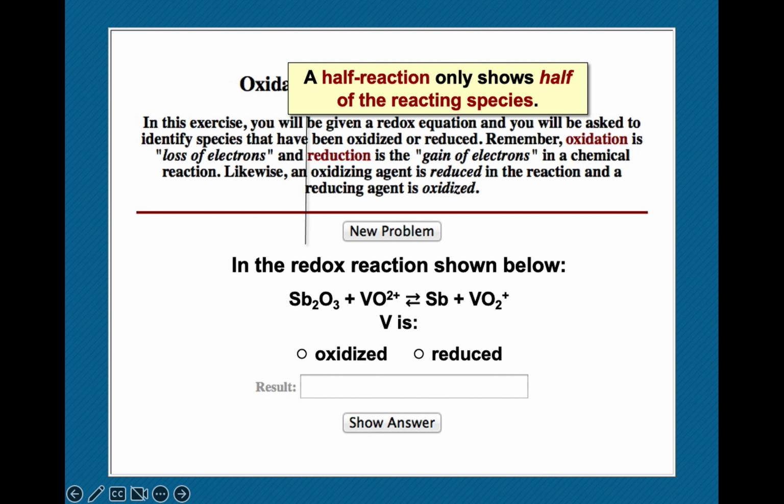Okay. So this is a polyatomic ion, VO +2 charge. We are going here to VO2 +1 charge. The question is, is vanadium oxidized or reduced?